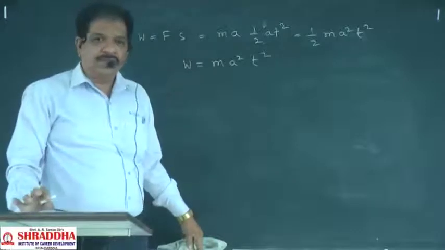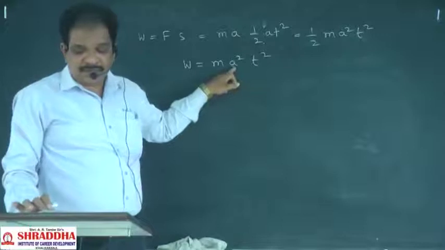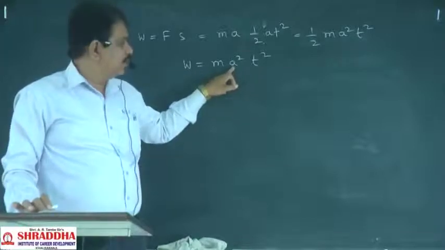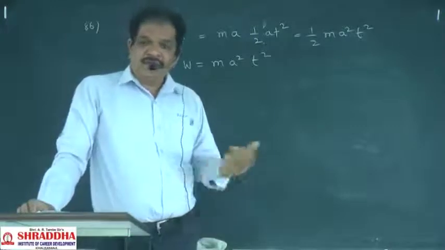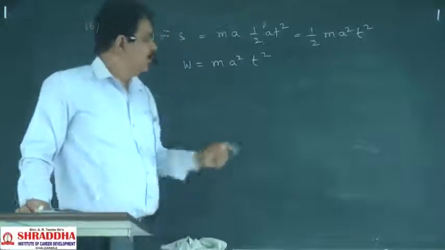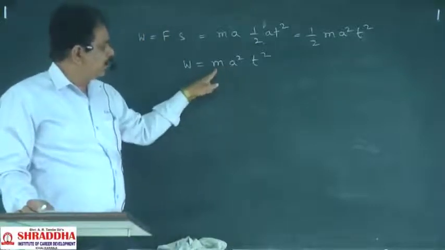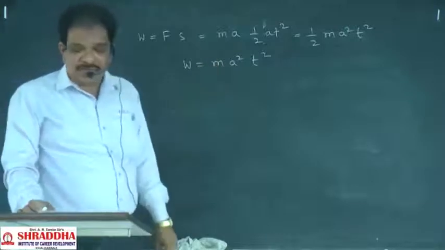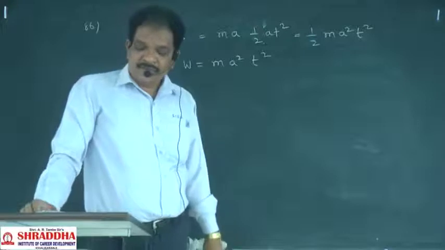Initially M is kg, A is meter per second square, T value will be second. Now they modified T value as 1 minute, A value is 10 meter per second square, M value will be 100 kg.